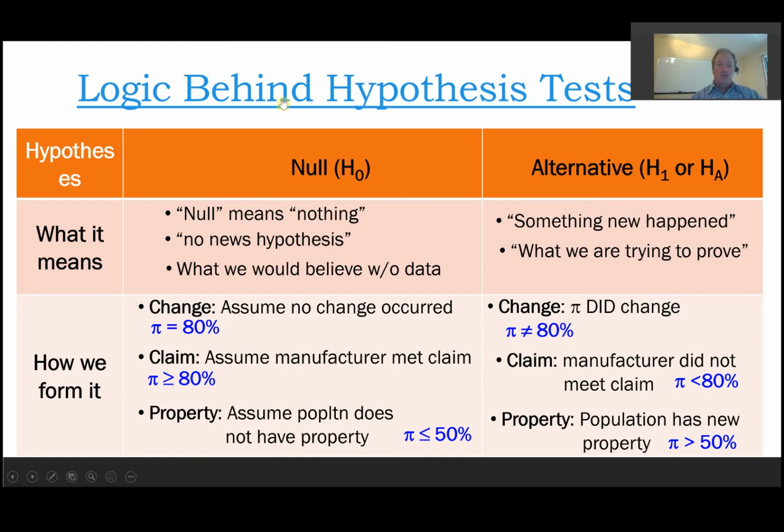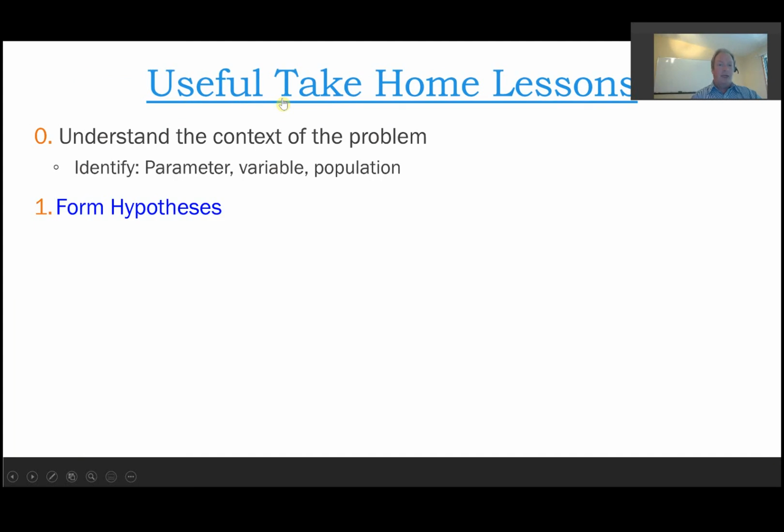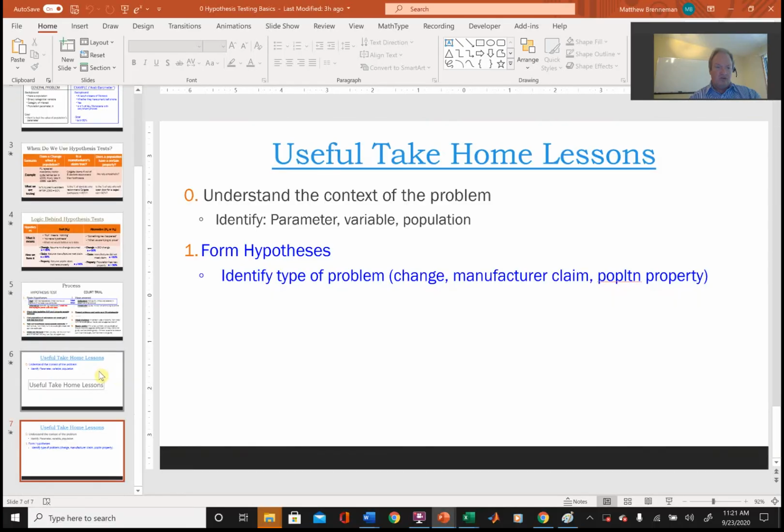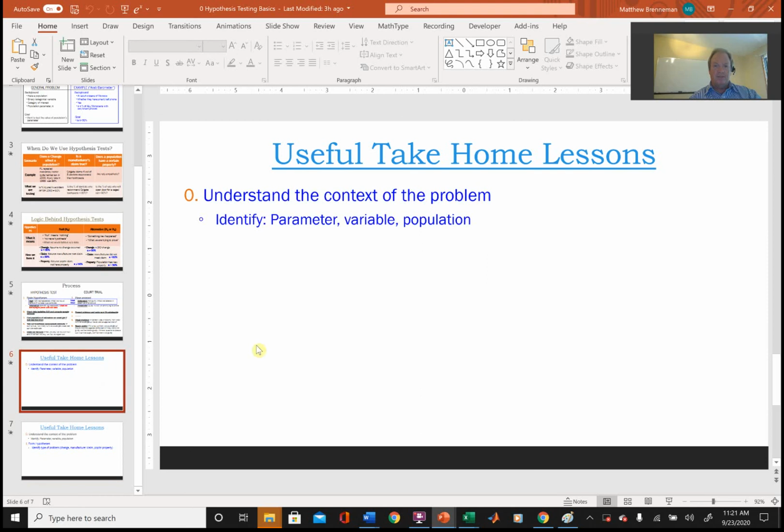Now, I want to show you something to kind of help you a little bit. Notice that whenever we're working on a problem, one of the first things we want to do is sketch out the problem. The first thing we want to do is understand the parameter, the variable, and the population. And let me actually take you back one slide right here.